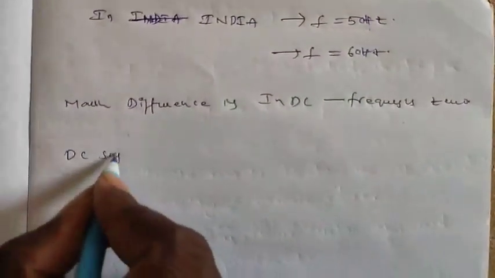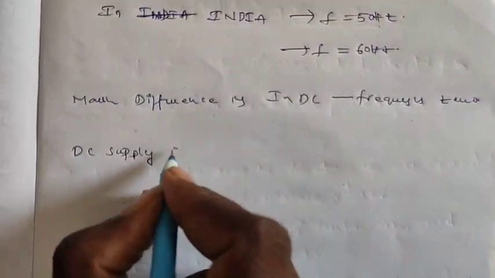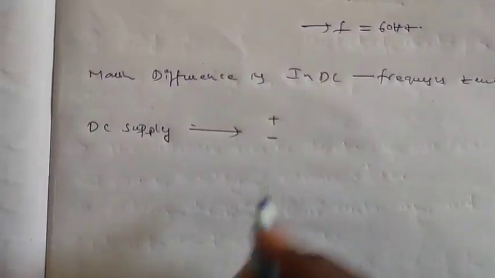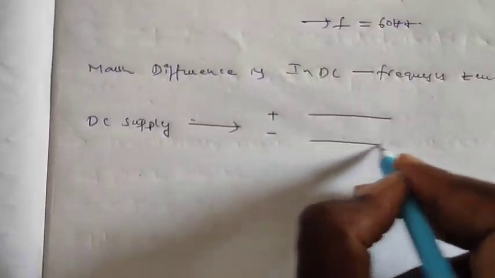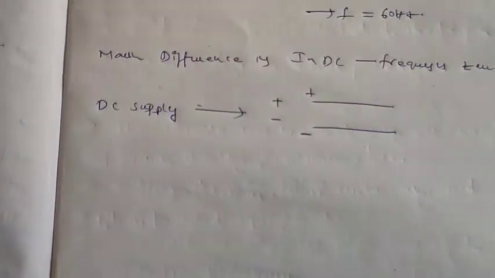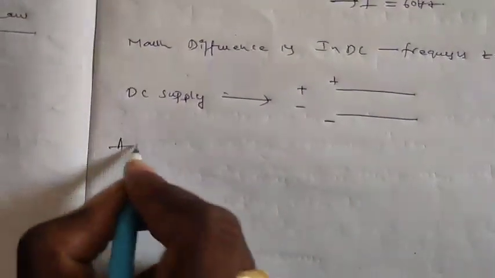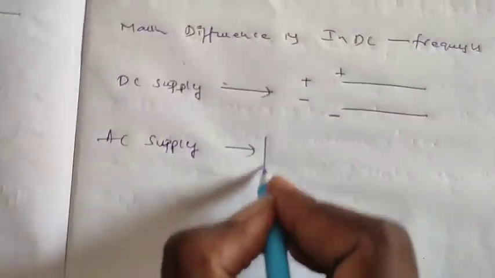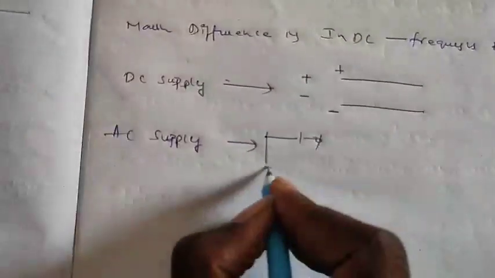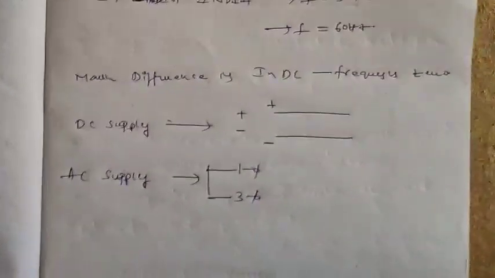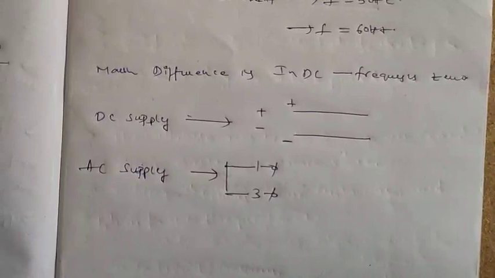DC supply can be represented in terms of positive and negative. In AC supply, again we have single phase and three phase.